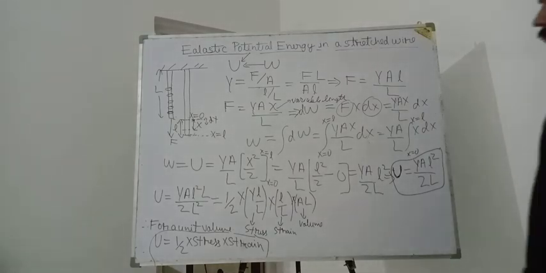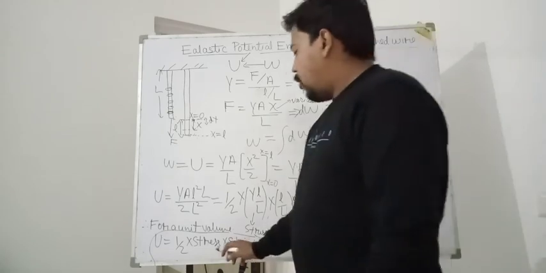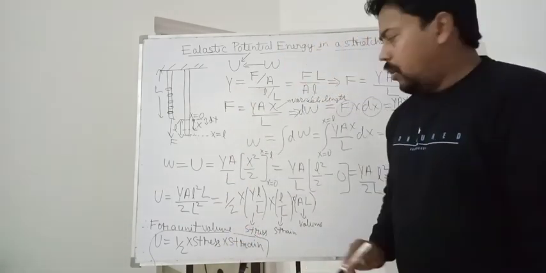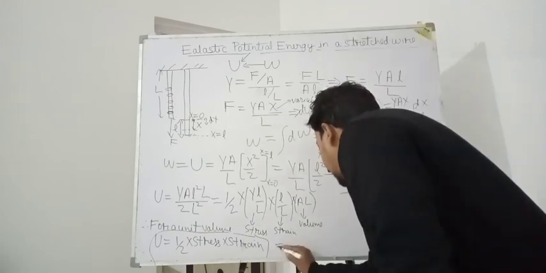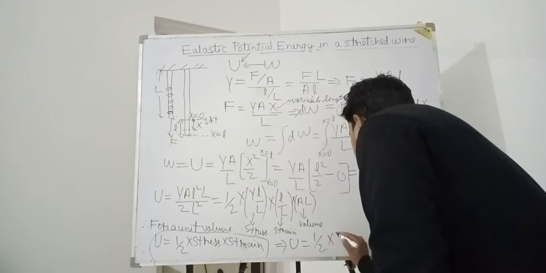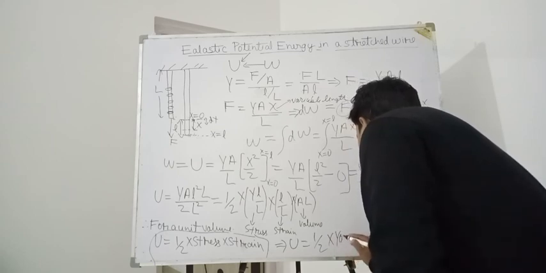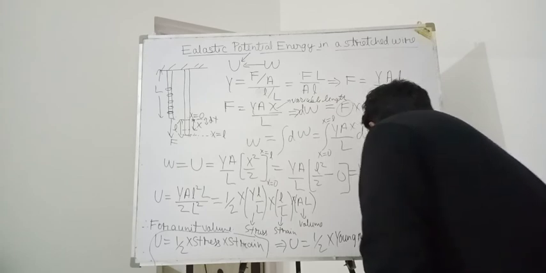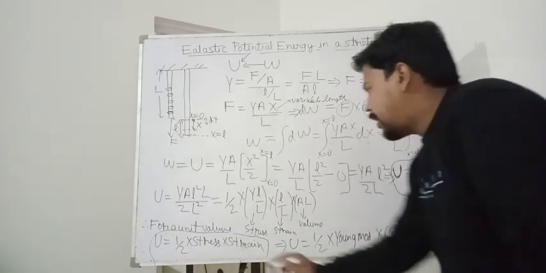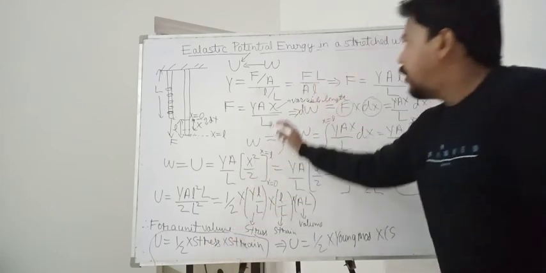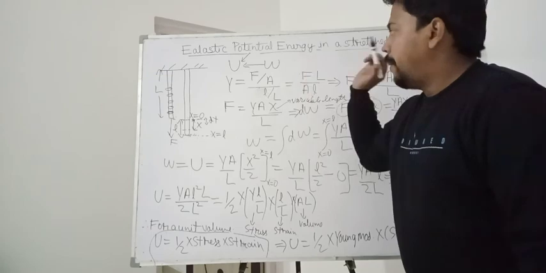Okay, and further, if I write this value of stress in terms of Young modulus, that is gamma, then potential energy can also be written as half into gamma into strain square. Stress will give gamma into strain according to the formula, Young modulus is stress upon strain.